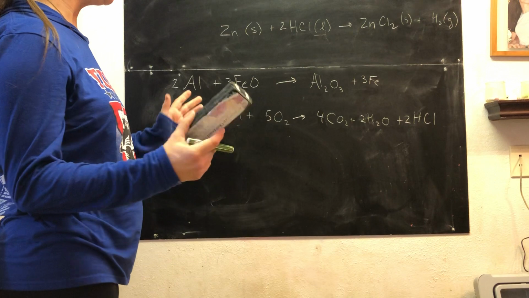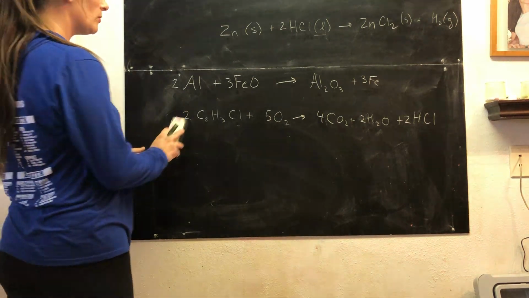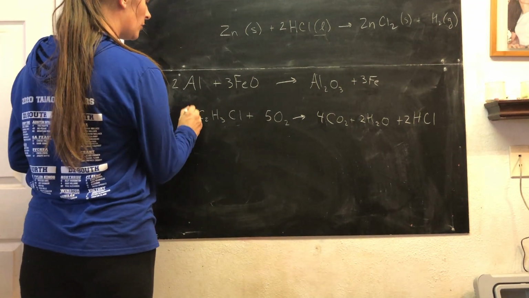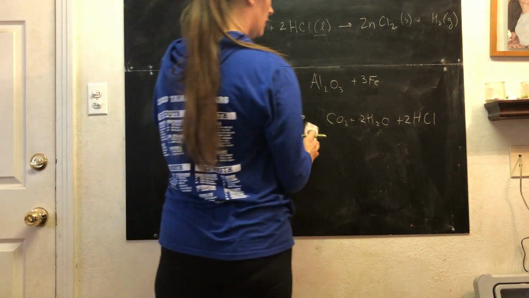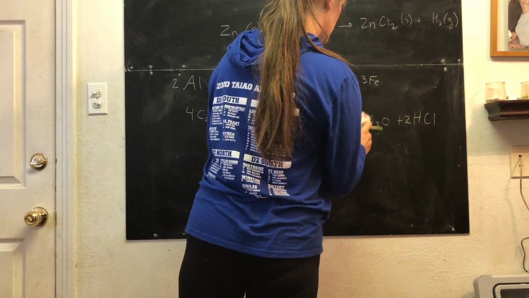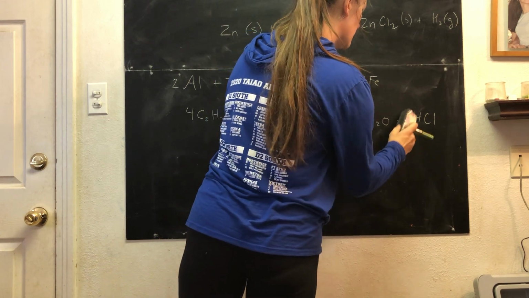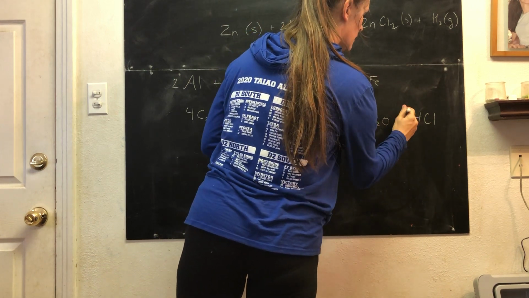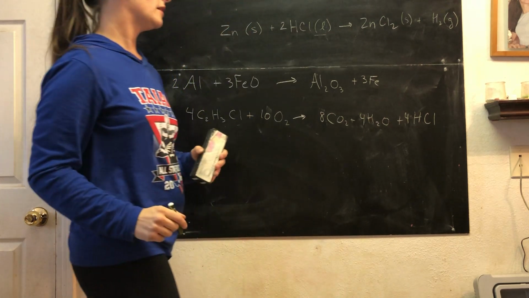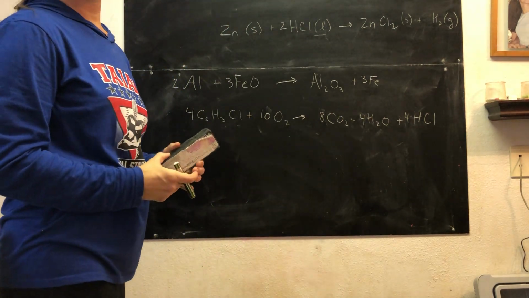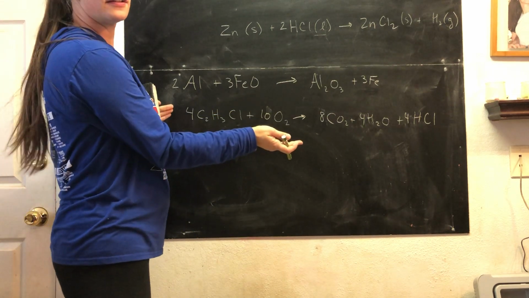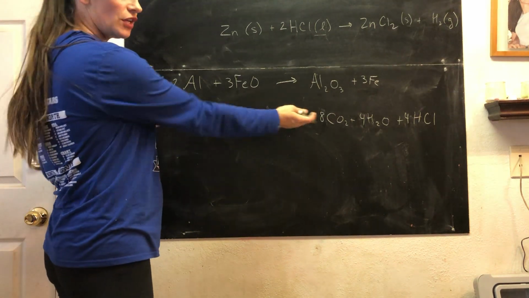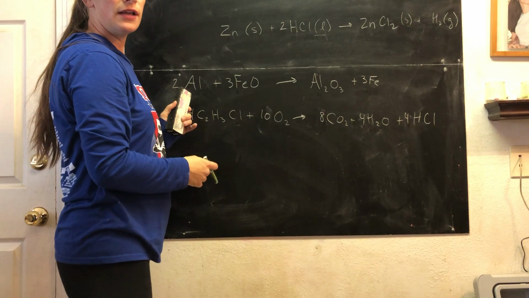Alright, now sometimes when you're balancing equations, you might actually go a little overboard and put 4, 10, 8, 4, and 4. I was hoping that would happen today, but I didn't pick the right one. Anyways, this is still right, because it's the ratio of these molecules to each other.